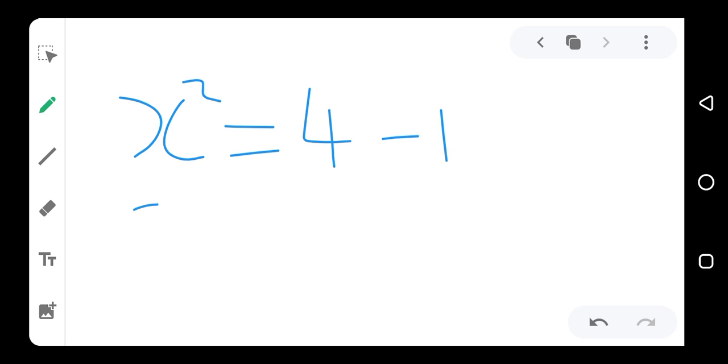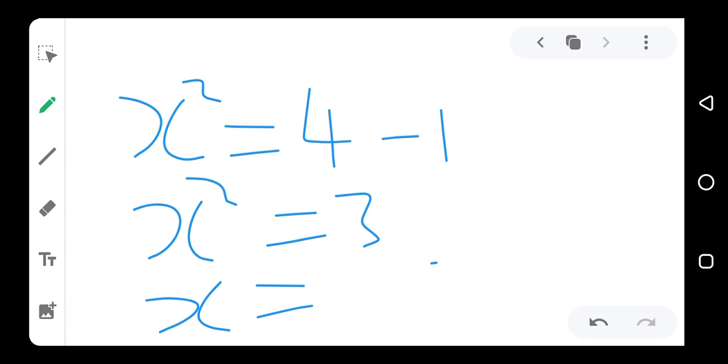And now it means that x squared is equal to 4 minus 1. X squared is equal to 3. And x is equal to root 3.